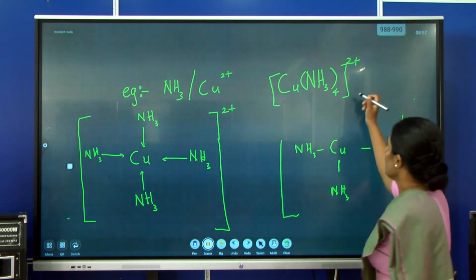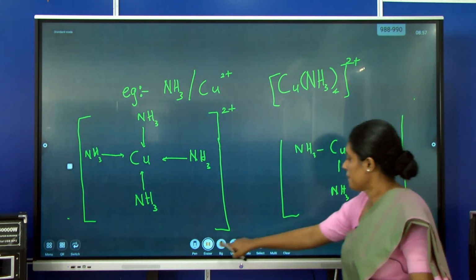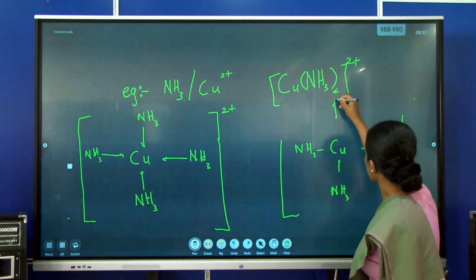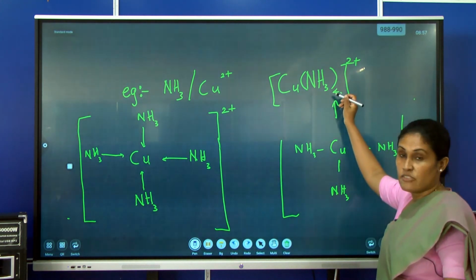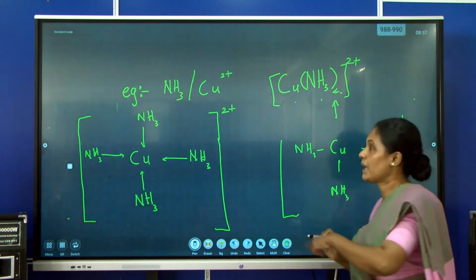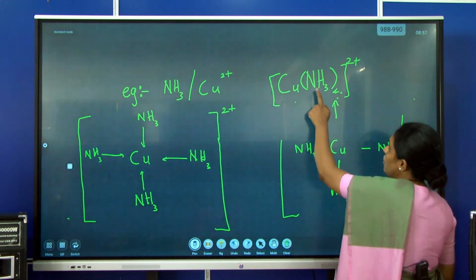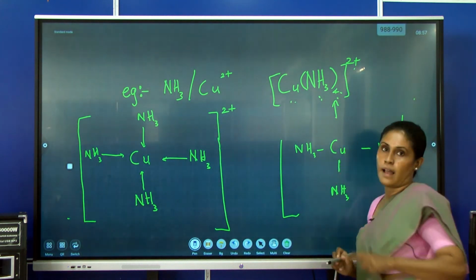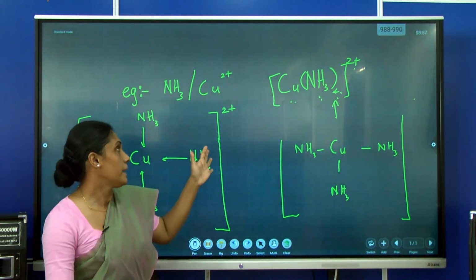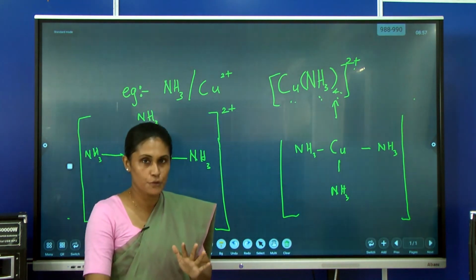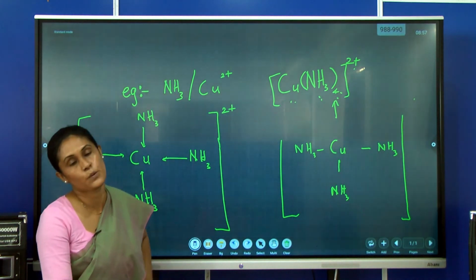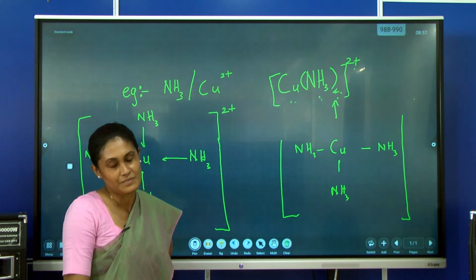See, you have to start to read this from here. Tetraamminecopper 2 plus ion. Say it again, tetraamminecopper 2 plus. Yes, that's how it is. So that's a complex ion. Don't worry, you will learn in the future. For the moment, this is to understand how the dative covalent bond takes place, right?